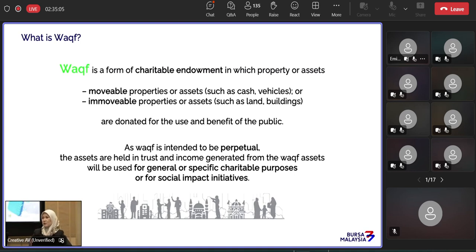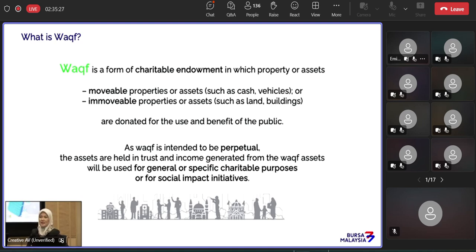So the assets are normally held in trust, and only the income generated from the Wakaf assets is used for the charitable purposes or the social impact activities or initiatives. For example, what it means by income generated from Wakaf assets. Let's say, Yuning, today you put 1,000 ringgit, you give Wakaf 1,000 ringgit.